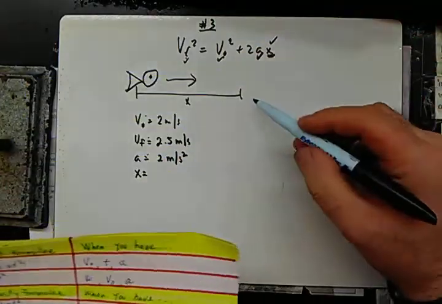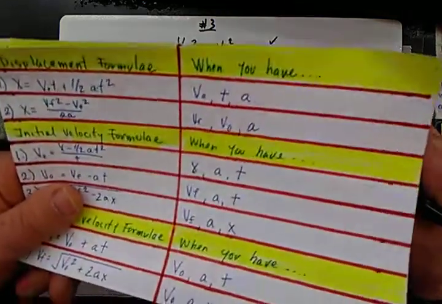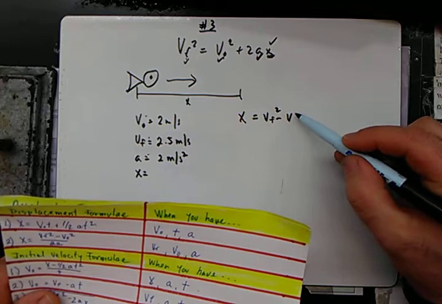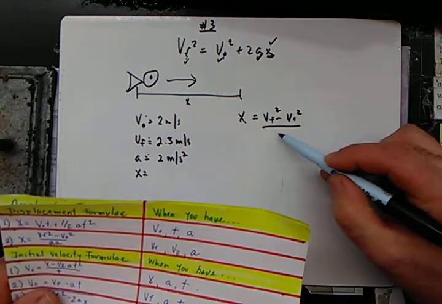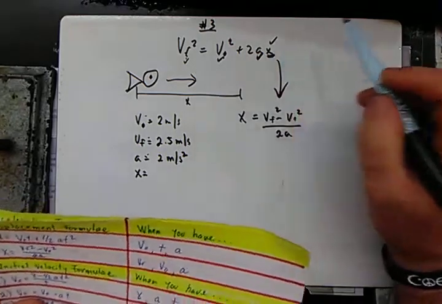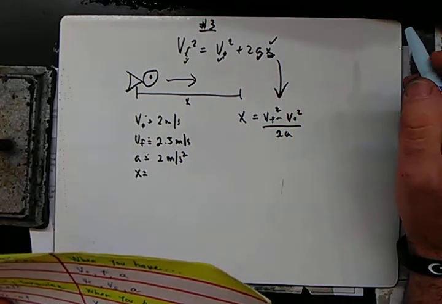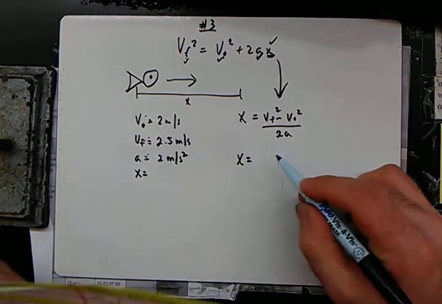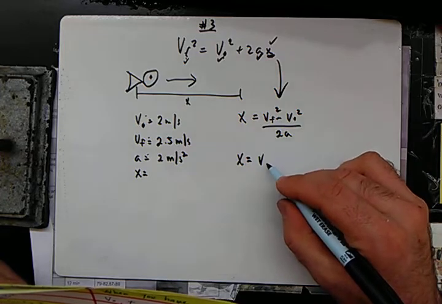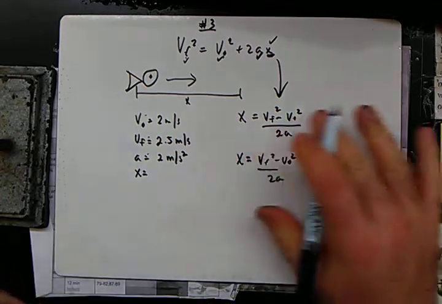Okay, so it's x equals VF squared minus V naught squared over 2A. Now all I did was I just rearranged that formula to solve for x. Okay, and I'm saving you guys that step. So x equals VF squared minus VO squared over 2A. Okay, sometimes I write things twice.